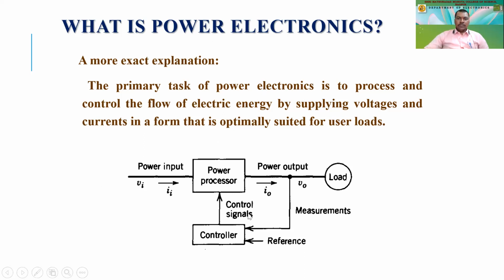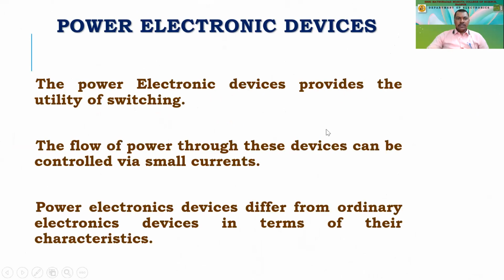So in power electronics, we are dealing with high voltage and high current devices. We have power electronic devices, which we call thyristors. The power electronic devices provide the utility of switching. The flow of power through these devices can be controlled via small currents, right? You might have experienced that whenever you switch on your heater or your press, you get sparks, right?